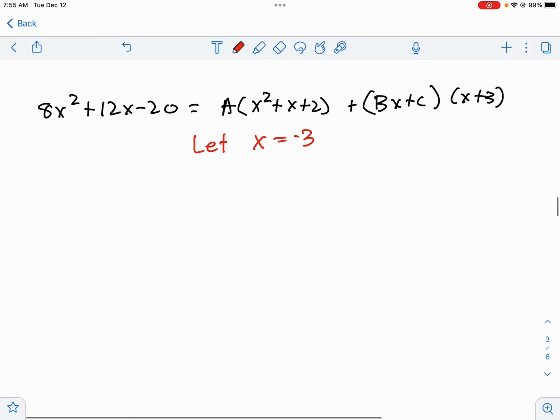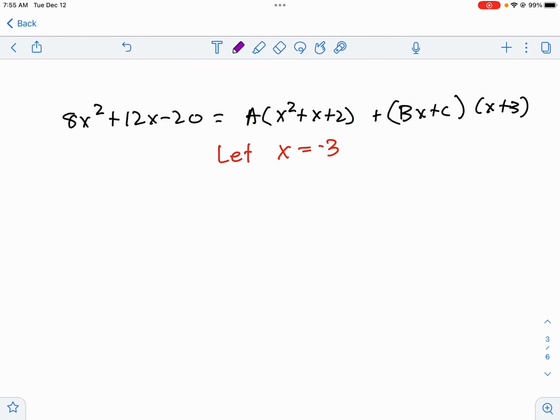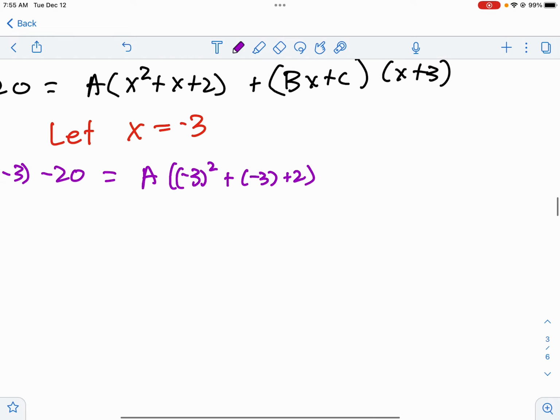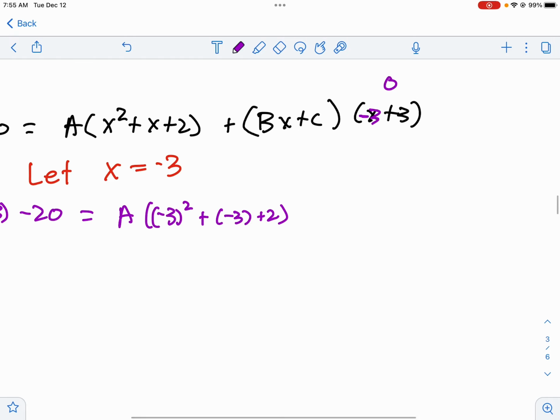If every x becomes negative 3, I get 8 times negative 3 squared plus 12 times negative 3 minus 20. That is equal to A times negative 3 squared plus negative 3 plus 2. And then here, if I put a negative 3, this creates a 0. Therefore, that whole chunk is gone.